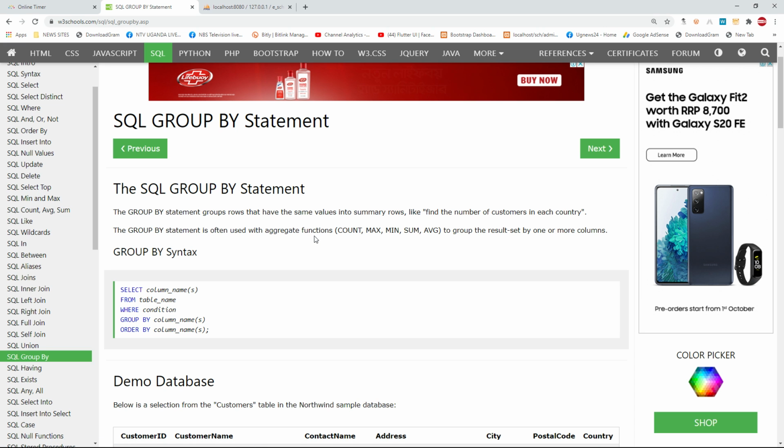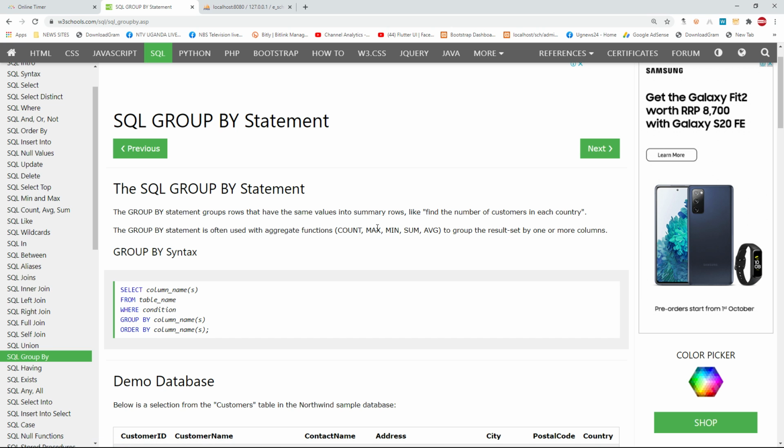This group by has also been complemented with other aggregate functions such as counting, maximum, minimum, sum and average. These have also been used to perform the same tasks.